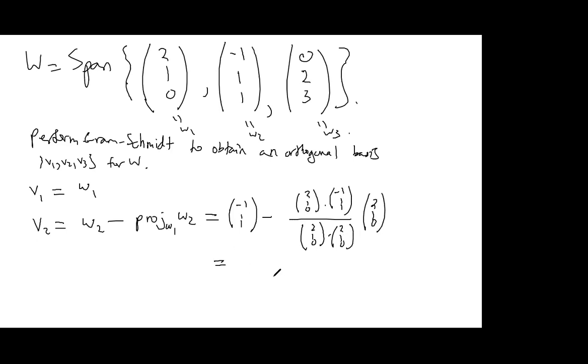Which is something. So maybe we can actually figure this out. -1 over 5 times (2, 1, 0). Okay, so that's not the nicest calculation. -1 plus 2/5.